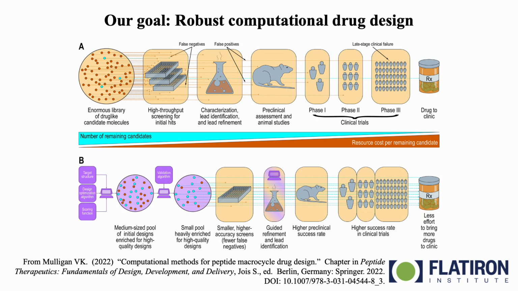So we want to make the drug design process more efficient by trying to ensure that the initial pool of designs is much enriched for actual hits, and further enriching the pool by screening out as many of the misses as possible by computational means even before we get to experiments, so that by the time we get to experiments we're working with a lot of really good molecules that have a very high chance of making their way through clinical trials. That's the hope anyway. And of course we're interested in particularly doing this for peptide macrocycle therapeutics.